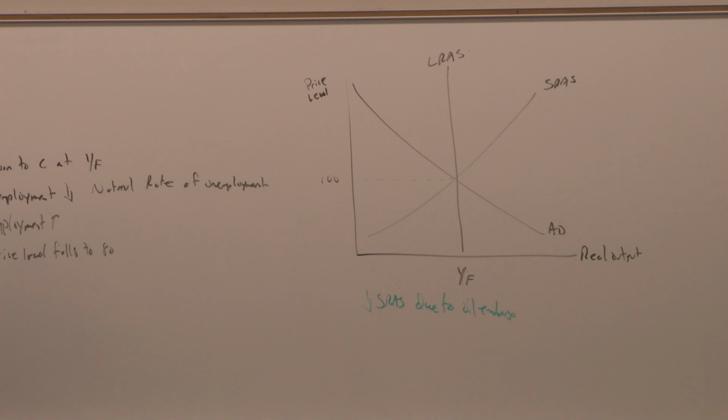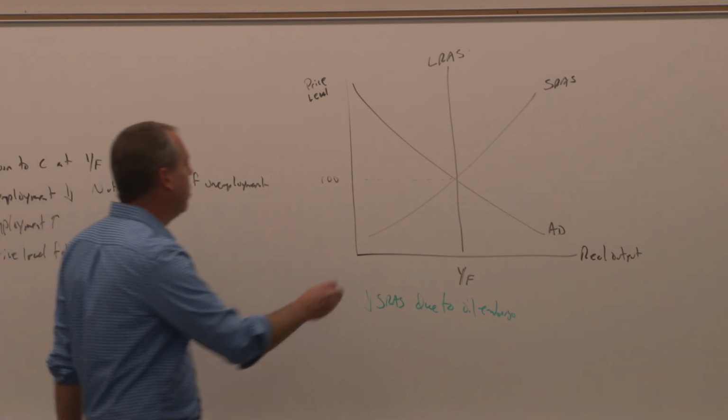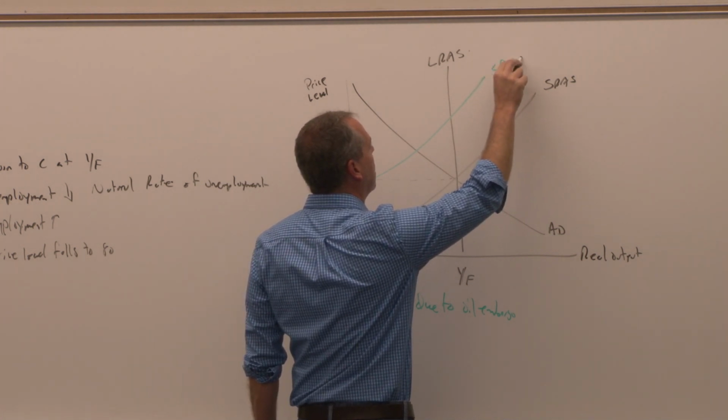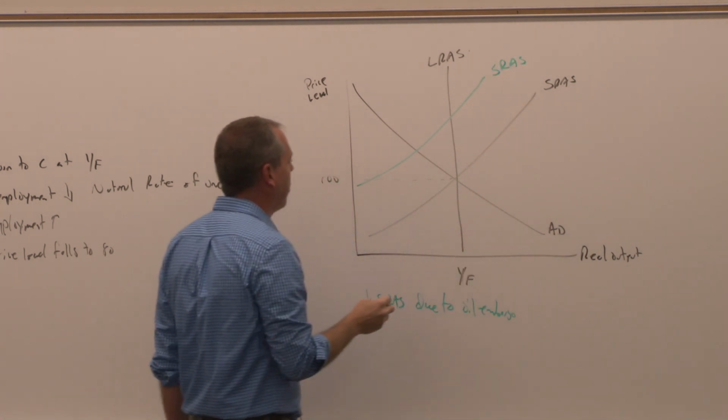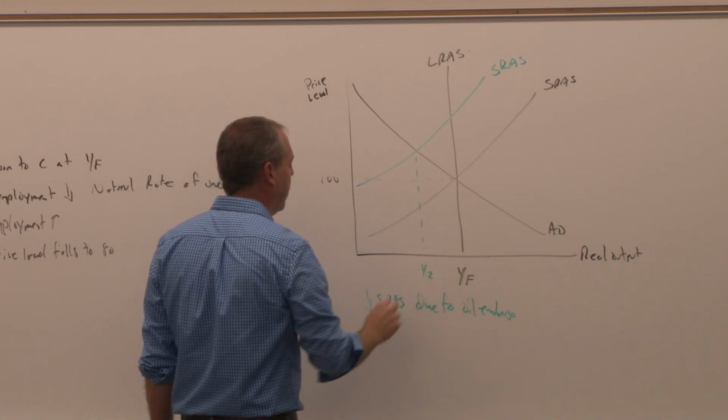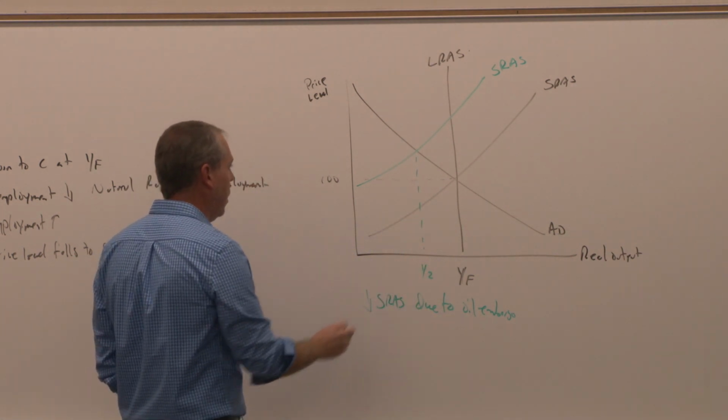Right? Basically, it now costs more to make goods and services. So we're going to see our short-run aggregate supply curve actually decrease. So I have this decline here to Y2.